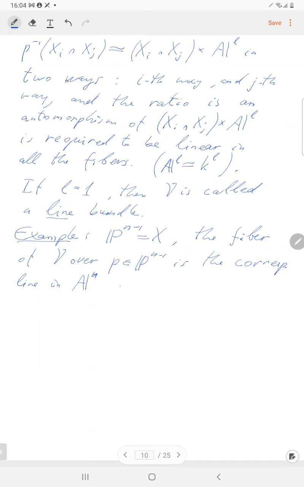Okay, so in this sense, this V is embedded into projective space P^(n-1) times the ambient.